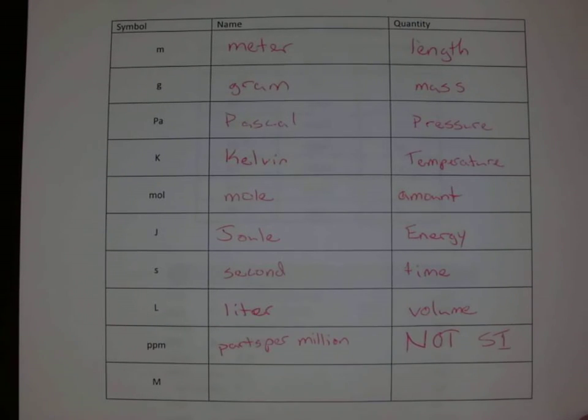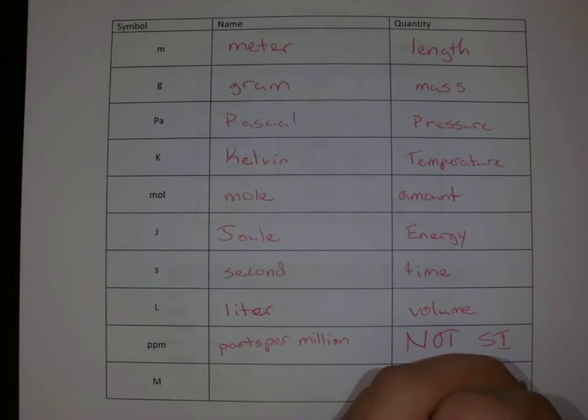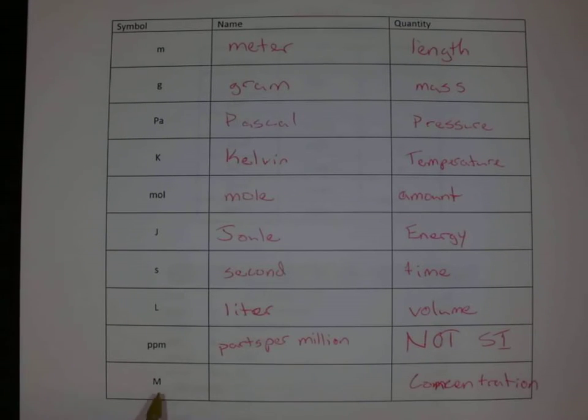But ppm is a way that we measure concentration that we oftentimes see just in the real world. Instead, when we're measuring concentration, we use molar, which is this big M. And we will talk a whole lot more about that later in the year.